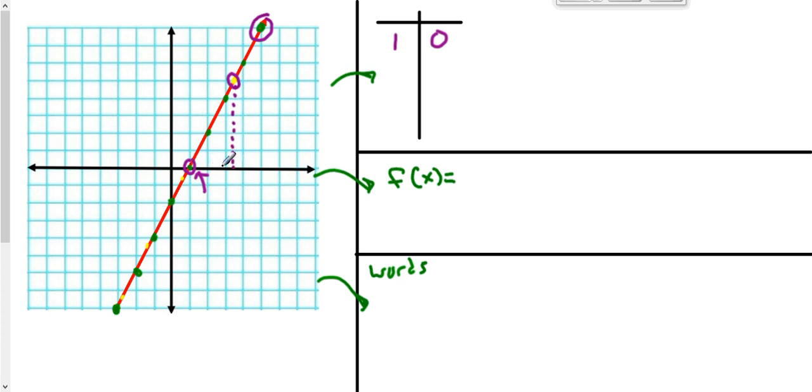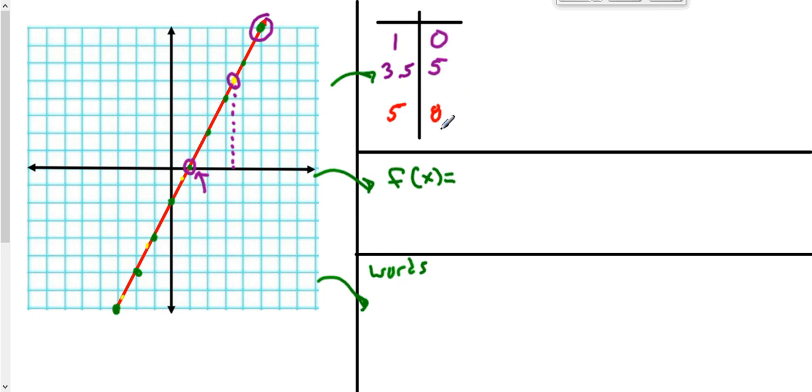That is 1, 2, 3.5. We come over here, we get 1, 2, 3, 4, 5. And this last point is at 5 over and 8 up. So the last point is at 5, 8.